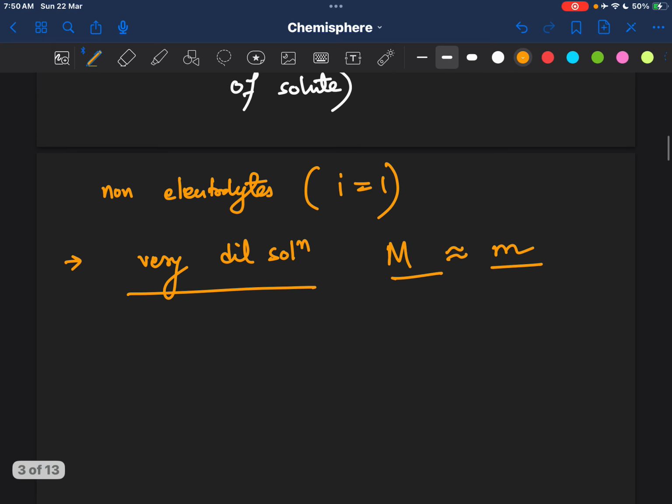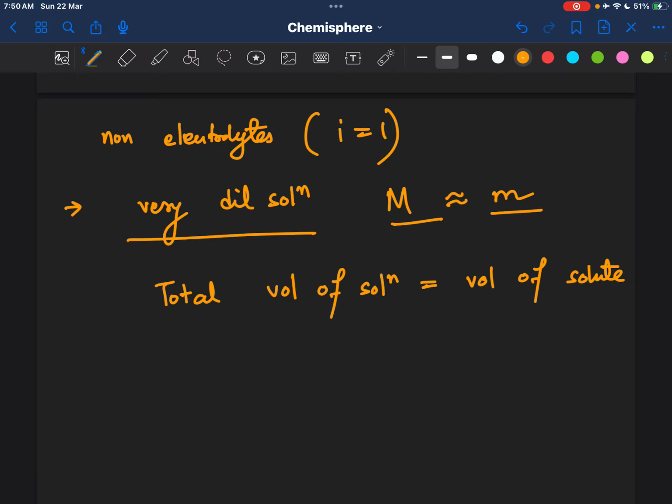Because the amount of solute present is very less, the total volume of solution can technically be considered to be the volume of solvent. And also here I forgot one important point: very dilute aqueous solution. Be careful, this should be aqueous, because density plays an important role in making both of them equal.